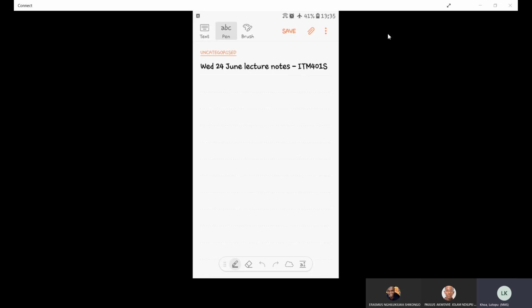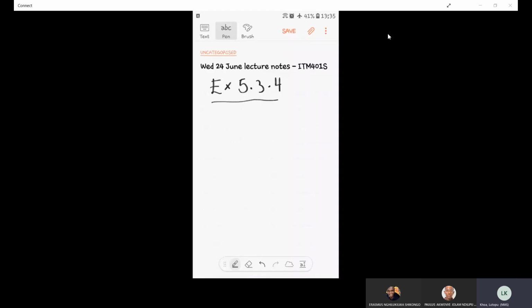Okay, so let's look at exercise 5.3.4. Here we're given a sum in sigma notation. Let's say i goes from 1 to 4, and this is i to the power of 3.